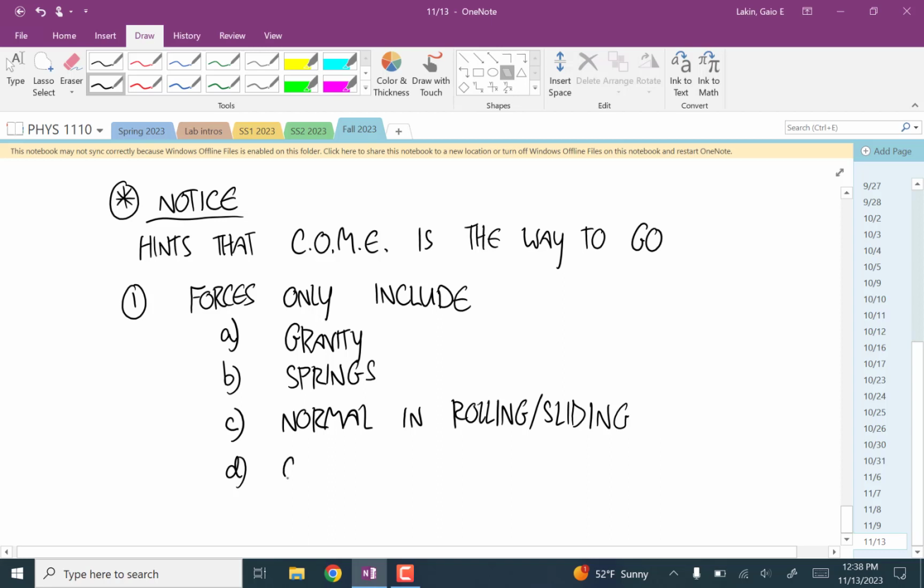And then the last one is centripetal forces in circular motion. Well, if you have any forces that aren't in that group of 4, then we haven't talked about how to use this approach. So first look for that.